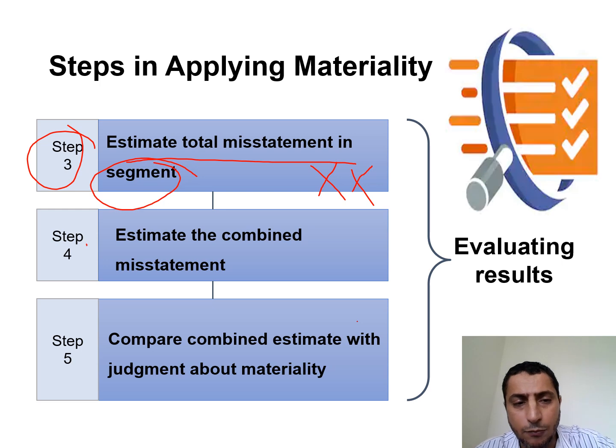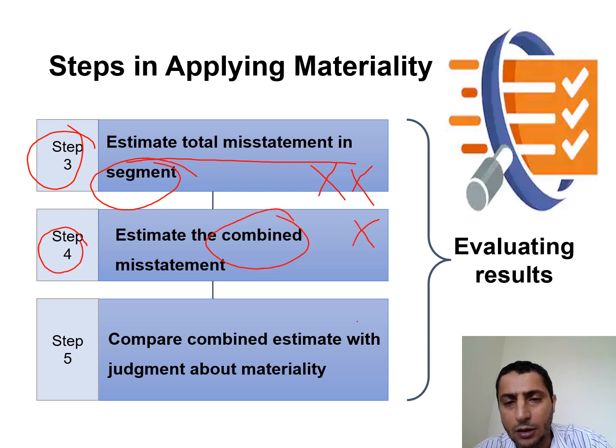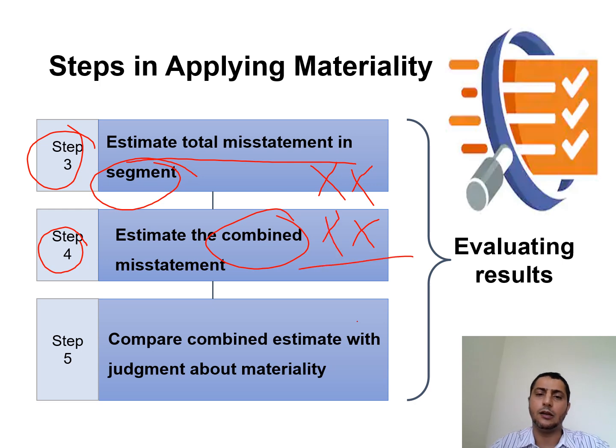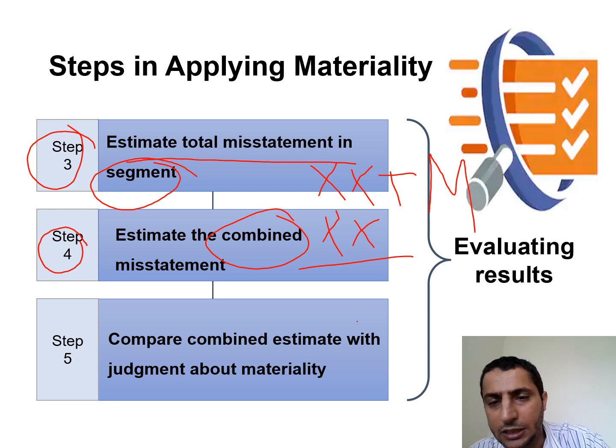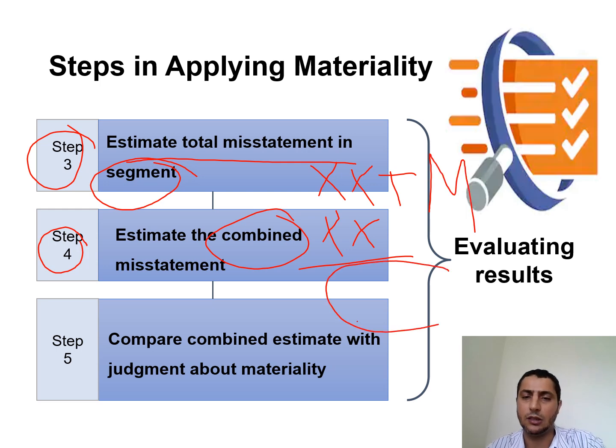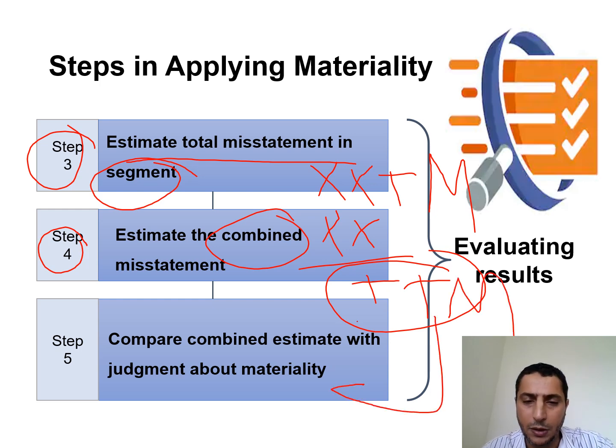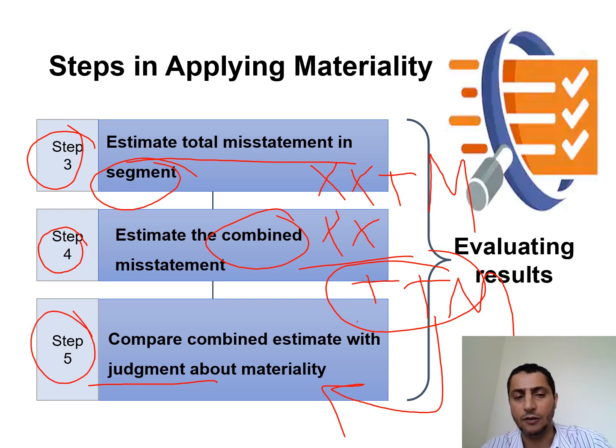And then in step 4, we need to combine all this tolerable misstatement to get the total tolerable misstatement, and then we compare it with the preliminary judgment that we set up in step 4.